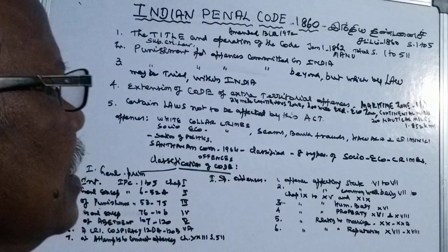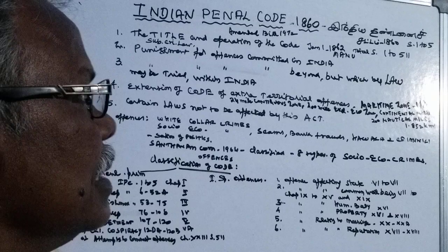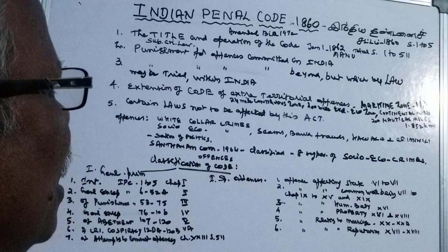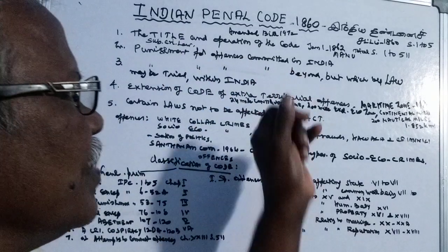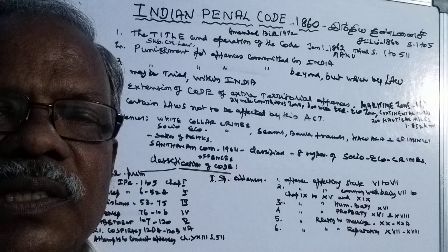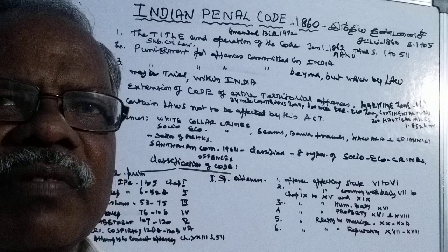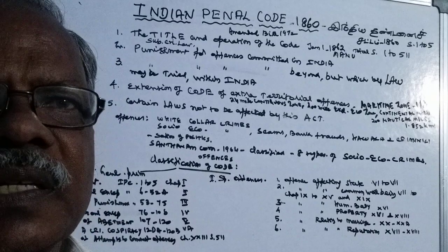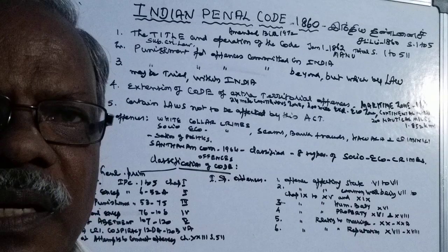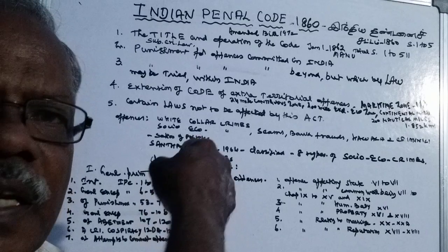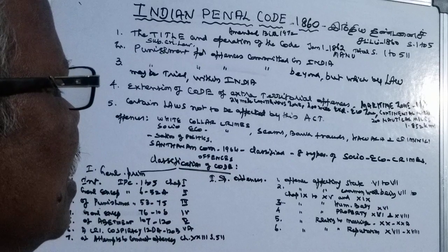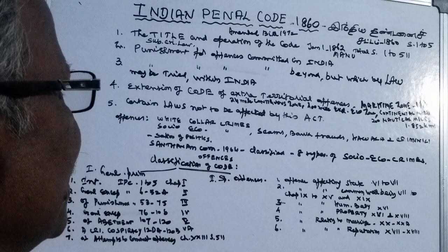Second, section 2 prescribes punishment for offences committed in India. The offences committed in India for which the corresponding punishment is to be given are dealt with in section 2.